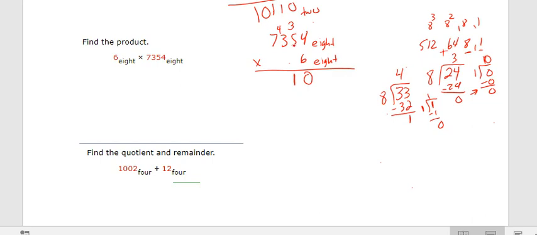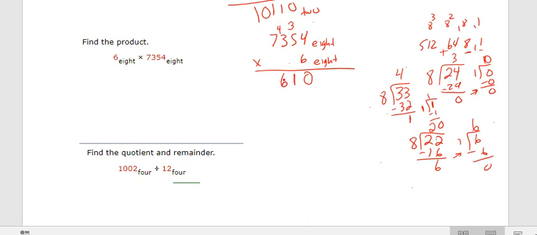6 times 3 is 18, plus 4 is 22. So again, we can divide by 8. That's going to go in twice, so that's 16. 22 minus 16 is 6, so we can divide that by 1. So here 22, when converted to base 8, is 6.